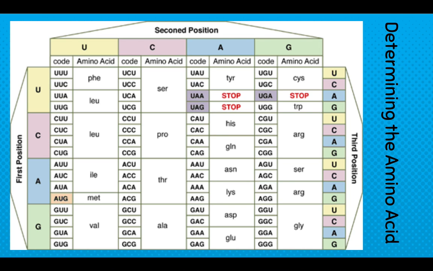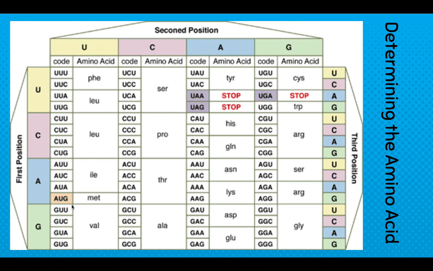So we'll start on the left-hand side of the table, A. Then we'll go to the second position, and that would be U. So now we're looking in this box here. And then our third letter is G. So we're looking right here at AUG, and that stands for methionine.